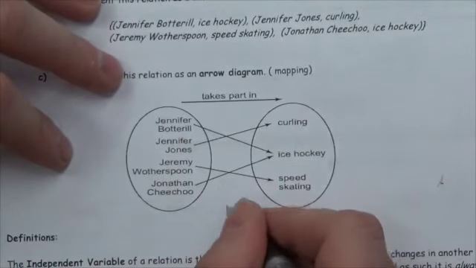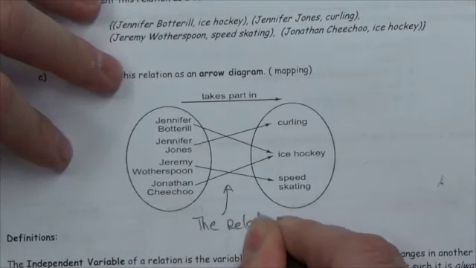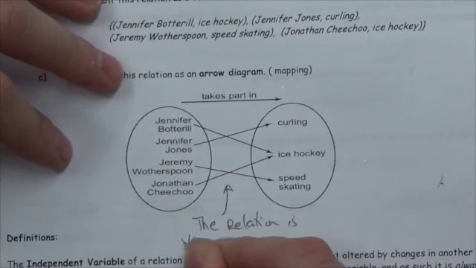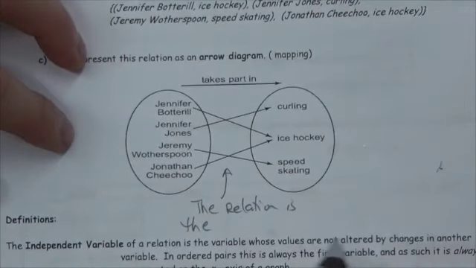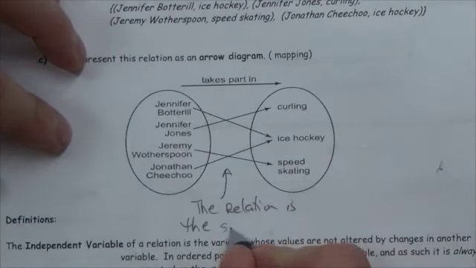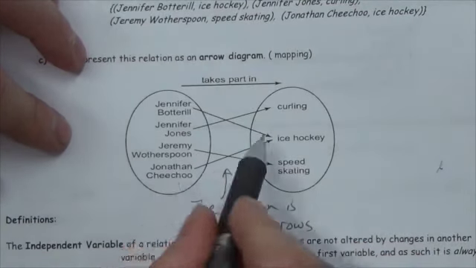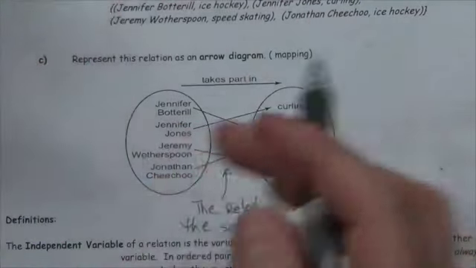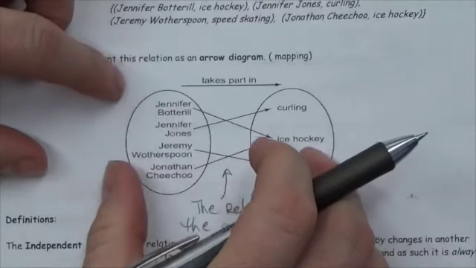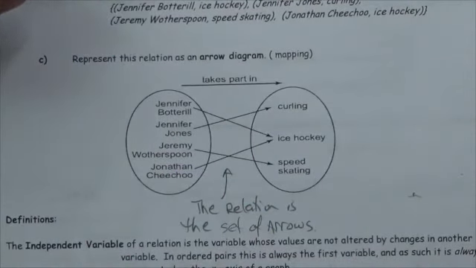Now, the relation here is, I hope I'm not overusing this word, the set of arrows in this case. The arrows are what make the relation. This is just another way of looking at it, but this is a good one for some of the definitions that we're going to look at in just a second.